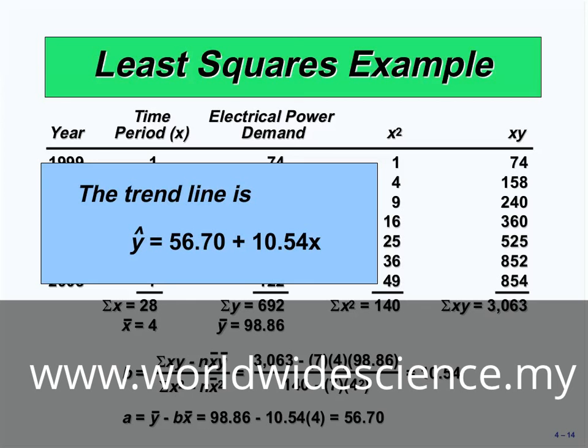For example, 10 is 2010, 11 is for 2011, 12 is for 2012. It's enough to put 11, 12, 13, 14, 15 and different numbers in X, and if you calculate this, you can calculate Y. Y is the demand for different years. Do you understand, everybody? It was very easy and nice for forecasting.